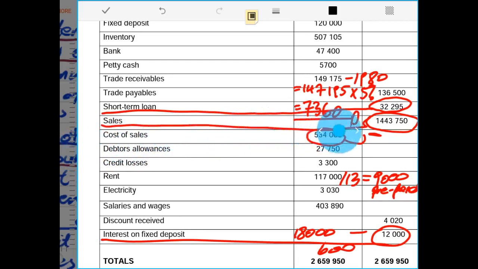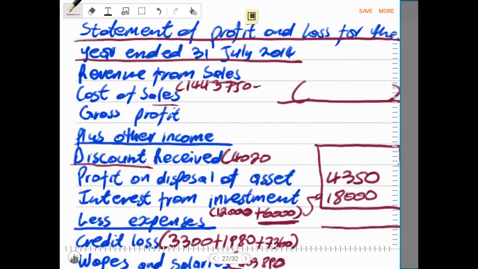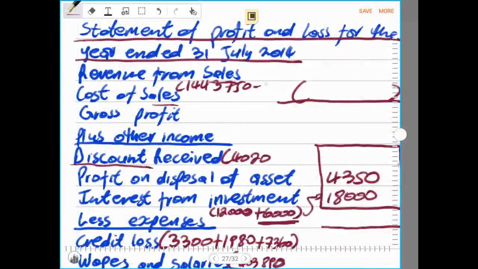So now 1,443,750 minus the debtors allowance of 27,750.